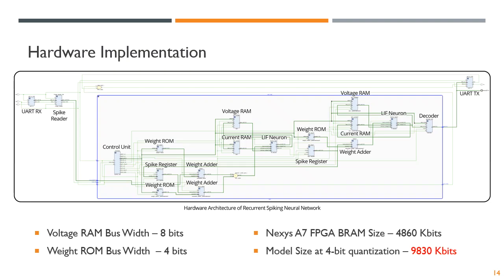The voltage RAM bus width was 8 bits, while the weight ROMs were stored with 4-bit quantization. Even with 4-bit quantization, the BRAM available in the Nexys A7 FPGA is not enough to store the full model. Therefore, this architecture was verified with a smaller network for MNIST classification.